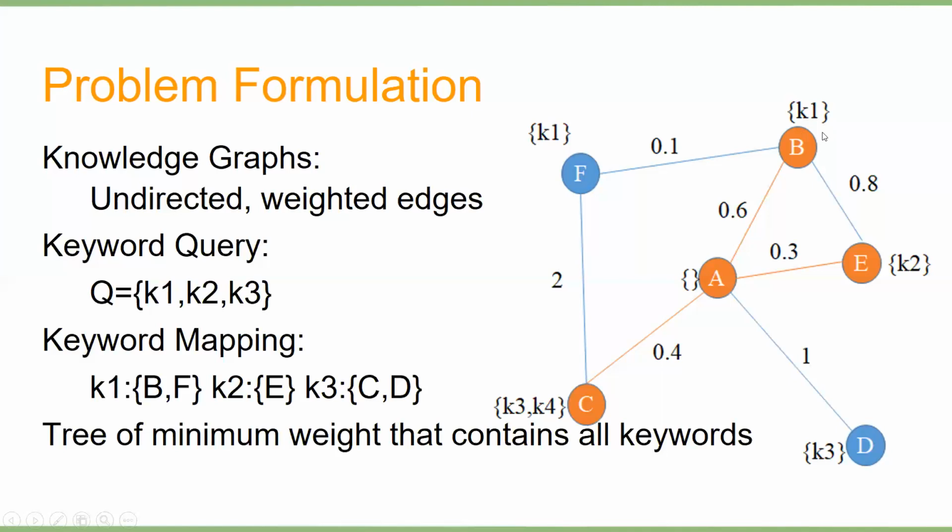Our goal is to find the minimal edge-weighted tree that contains all the keywords. You can see the orange subtree. That is our goal. It contains K1 in B, K2 in E, K3 in C, and the sum of weights is 1.3.